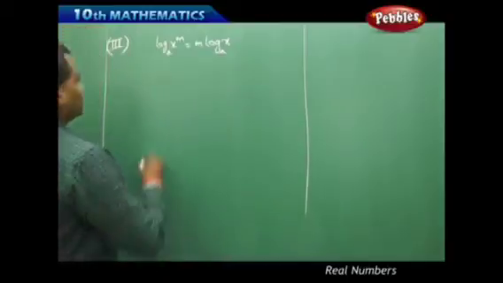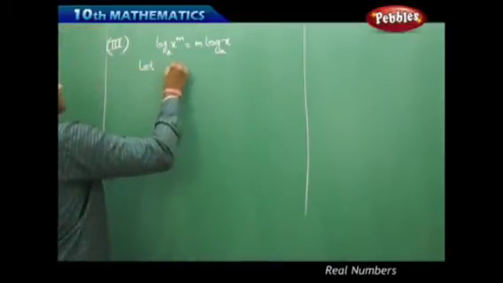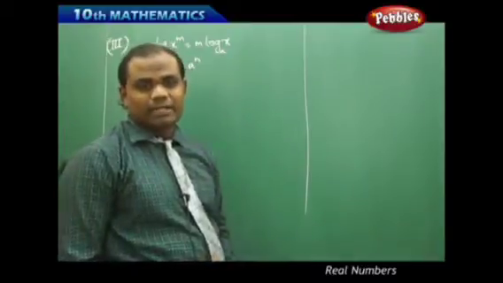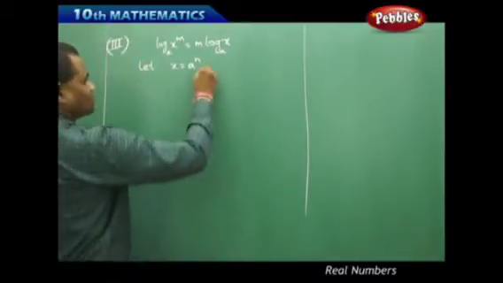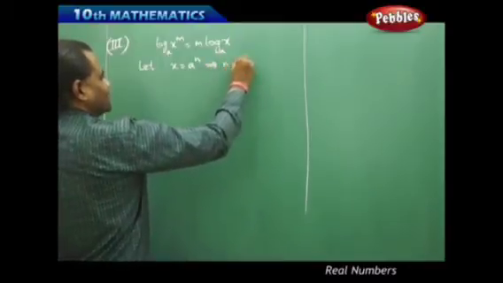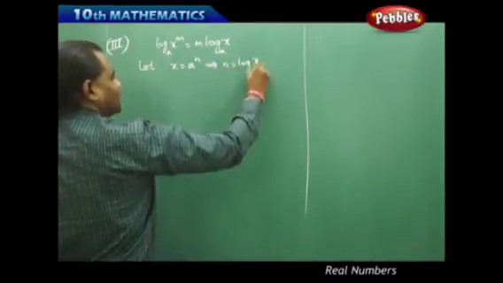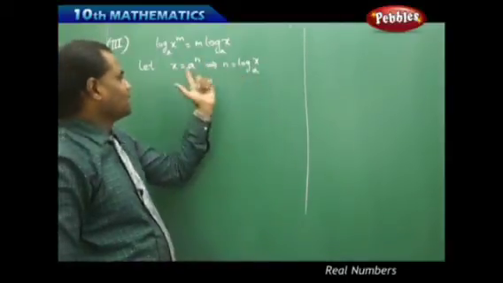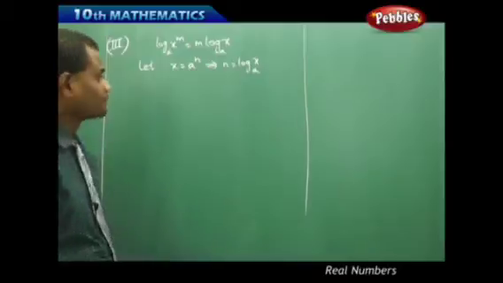So we have already taken that x is a power n. So using this, immediately when I convert this into the logarithmic form, I understand that n is log x to base a. When I convert this exponent to logarithmic form, I have n equal to log x to base a.